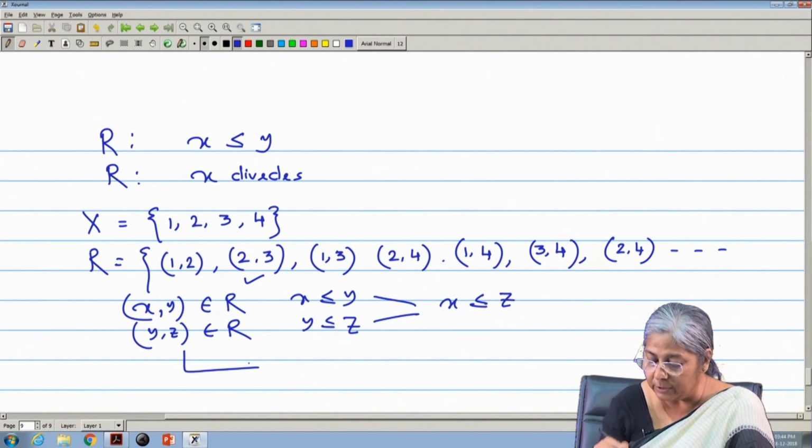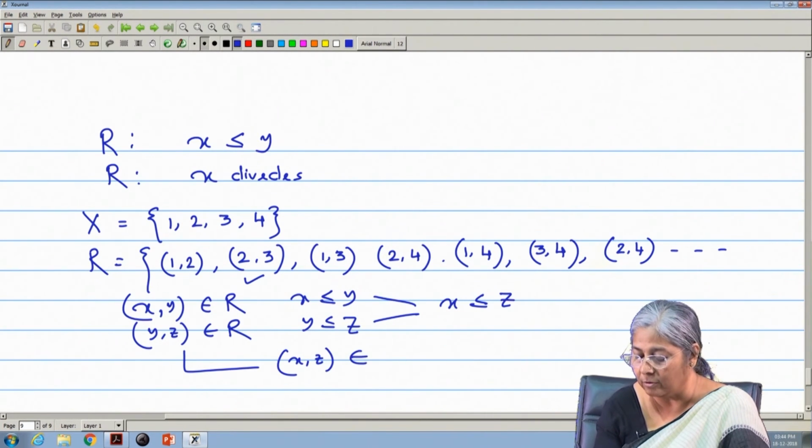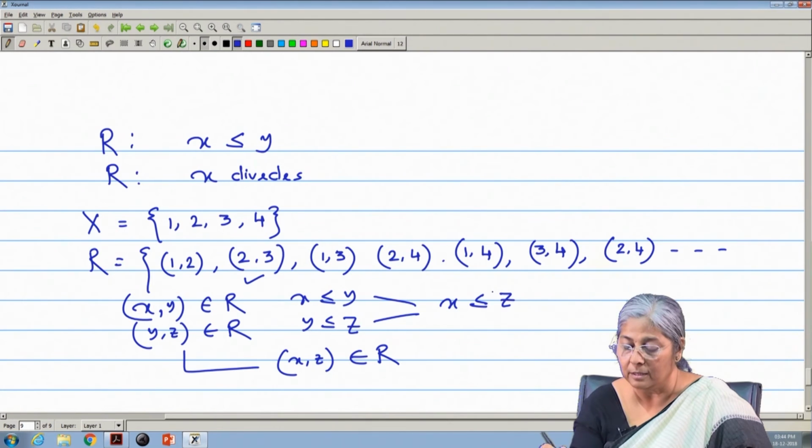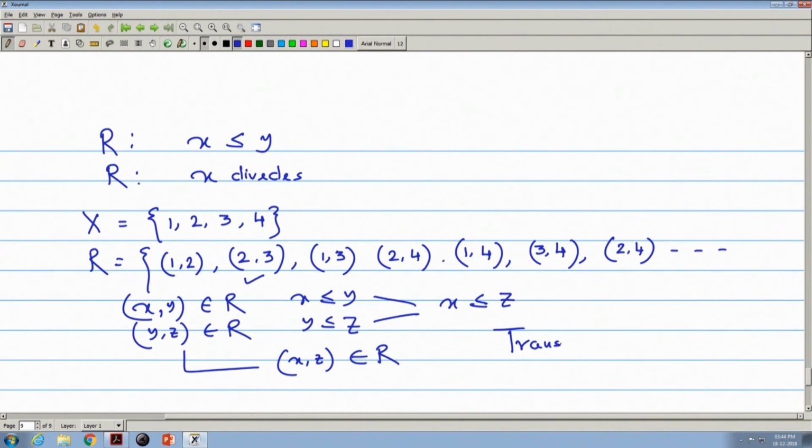So, we can tell that x z must belong to R. So, this is a transitive relation.